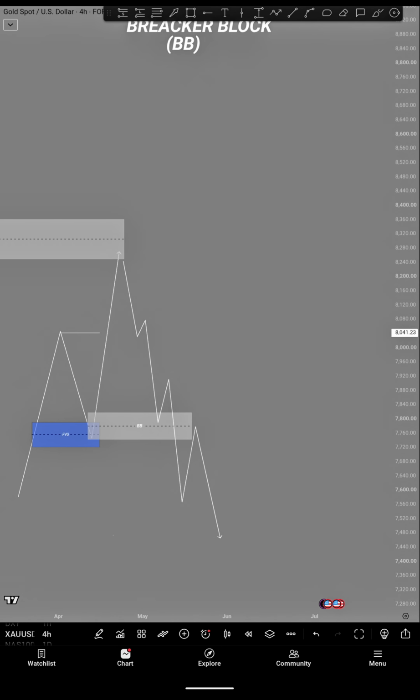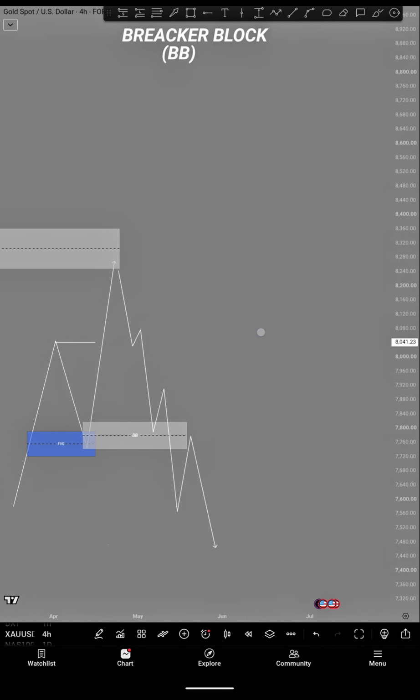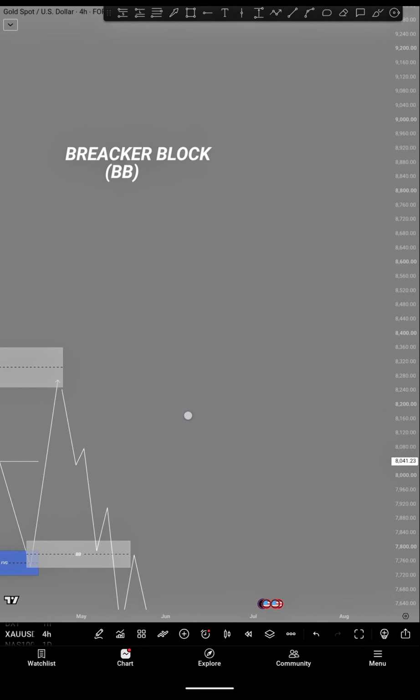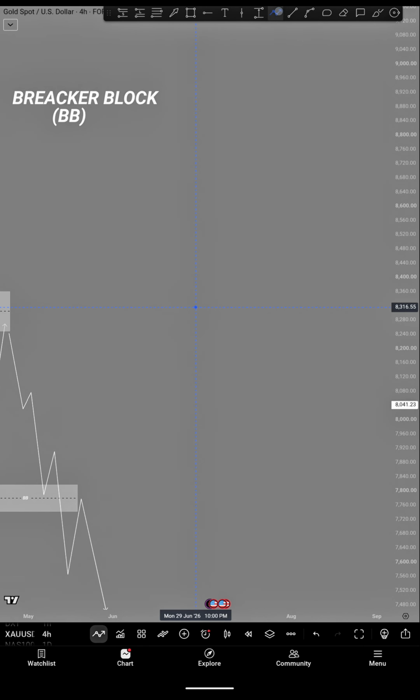Maybe you wouldn't understand now, but I will explain further, inshallah, when we get deeper into the course. So this is a bullish or bearish scenario, and on a bullish scenario, let me do it another way.